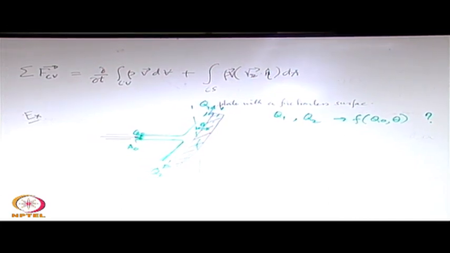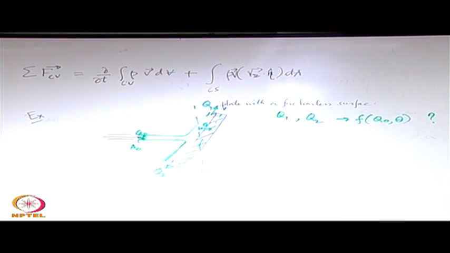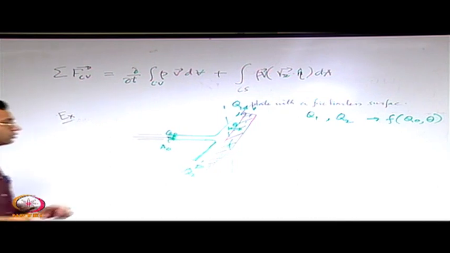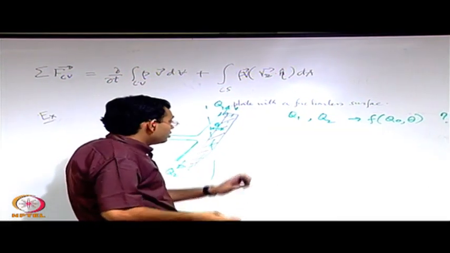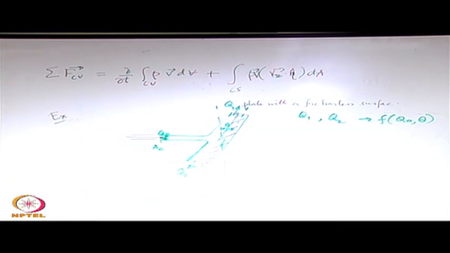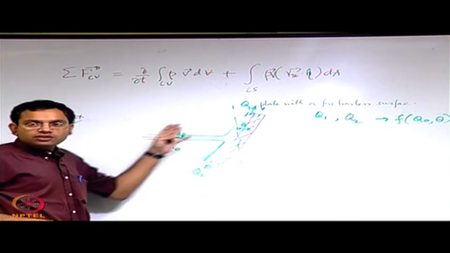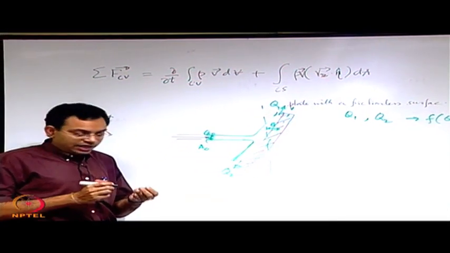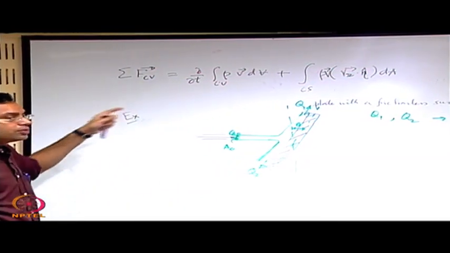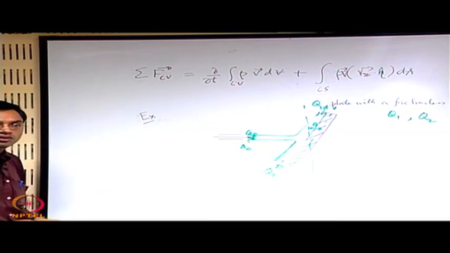To do that, one important thing that we should not forget is that mass conservation is always applicable and we should try to apply that. It is not that whenever we are applying momentum conservation, mass conservation is insignificant, not like that.